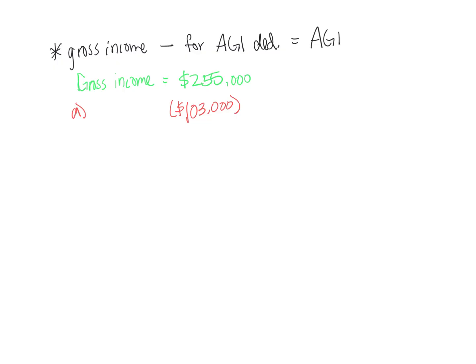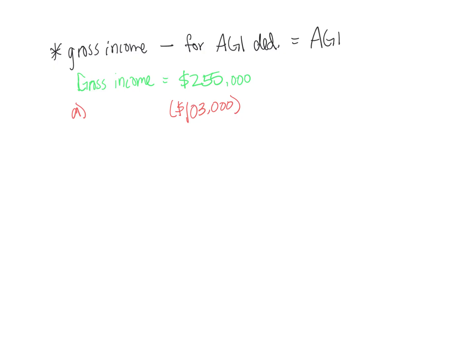And this $103,000 is made up of the $40,000 in salary and employment taxes to the employees, $45,000 of supplies, and $18,000 in rent. The reason these are able to be deducted for AGI is because those items, the salary, supplies, and rent, are considered ordinary and necessary business expenses.